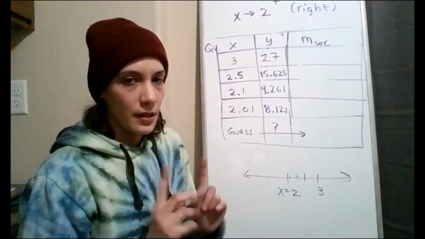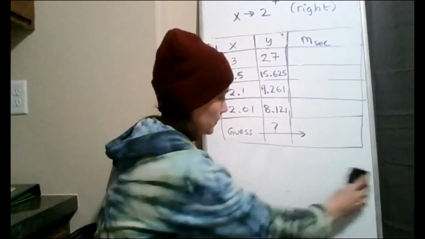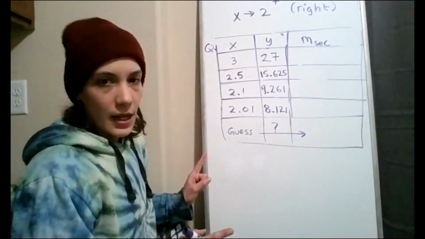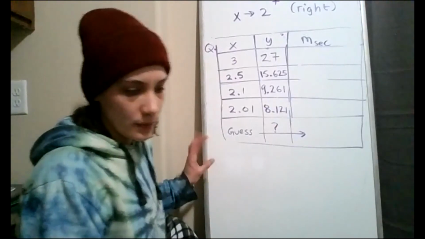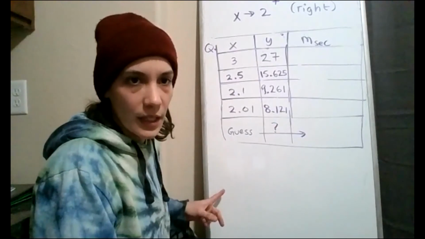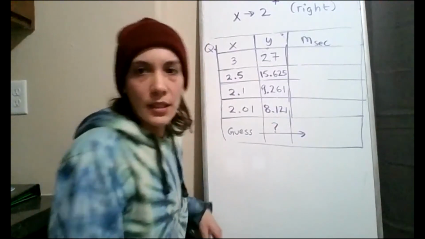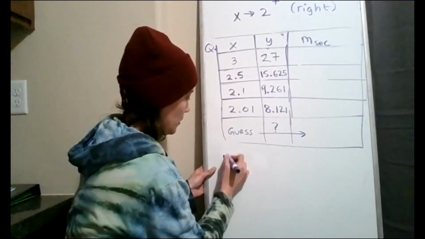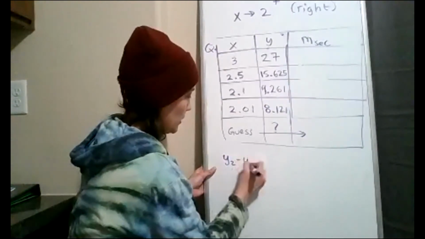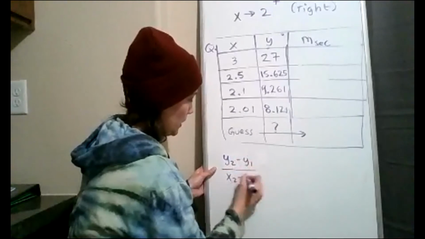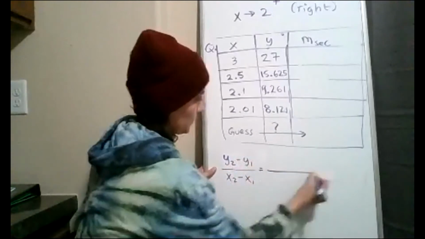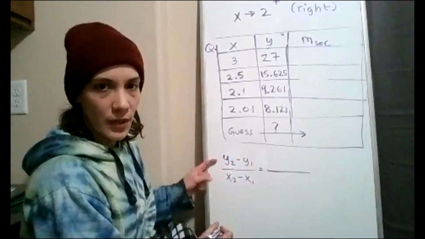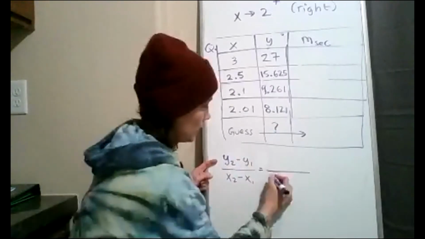Okay, so let's just do the work again for practice. We have our slopes: y2 minus y1 over x2 minus x1. We're going to have the point 2, 8 sit here every time.